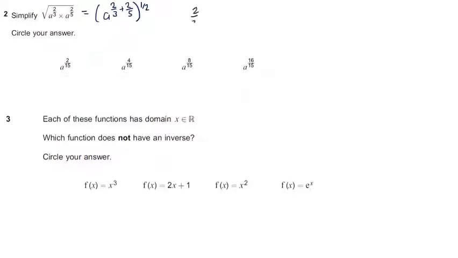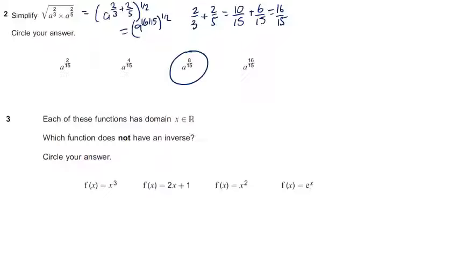Let's just work this out separately. 2/3 is the same as 10/15, and 2/5 is the same as 6/15, so that's 16/15. And if we have a power to another power, we just multiply those together. So a half of 16/15, that's going to give 8/15.